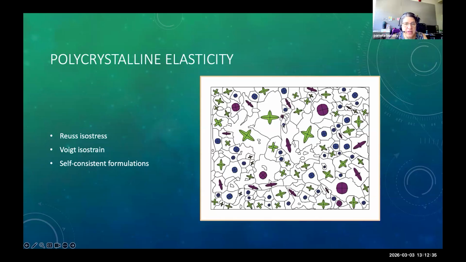And within each grain in the material, I have put a little cartoon to show what its elastic tensor looks like. So the question is, how do you figure out what the overall behavior of this material is? This is an age-old problem, and there are three different solutions, and I'm going to go through these fairly quickly.